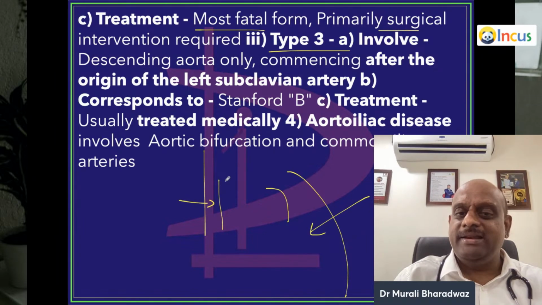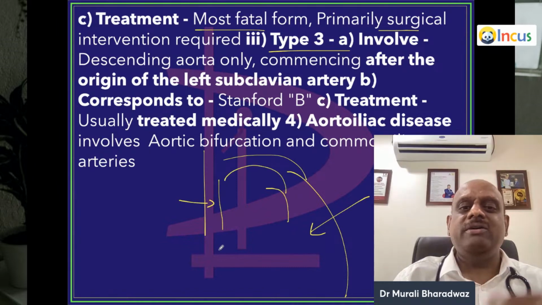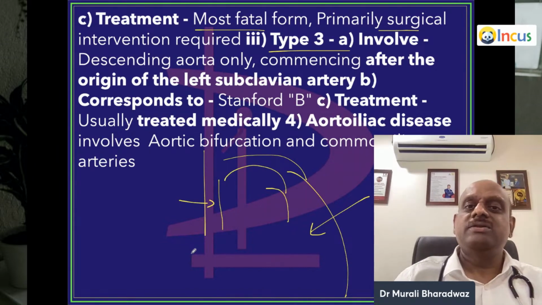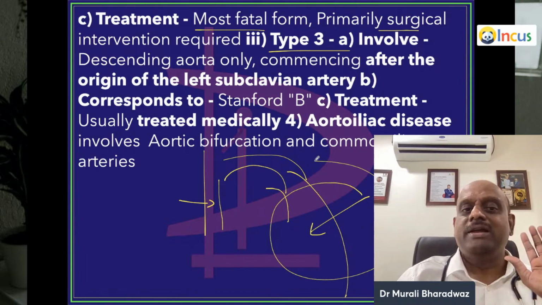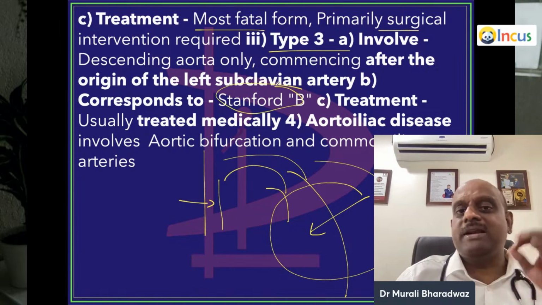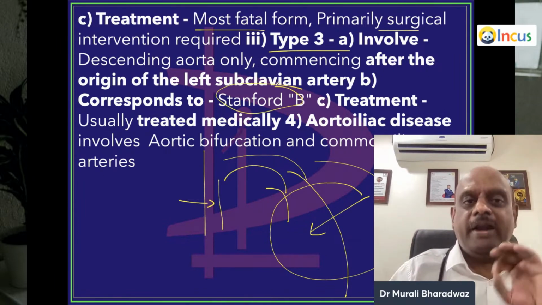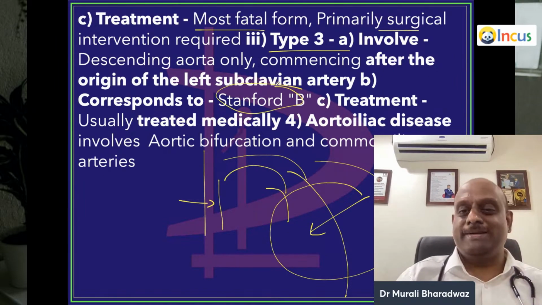So that is the reason here there is no need of doing any surgical intervention, only if the descending aorta is involved. And this corresponds to Stanford classification B. Treatment is usually medical. That is what you need to remember.